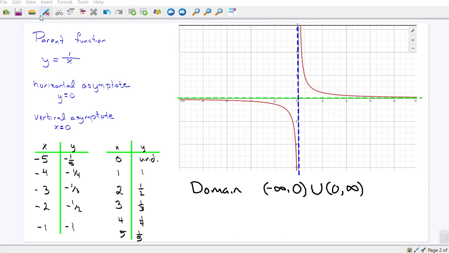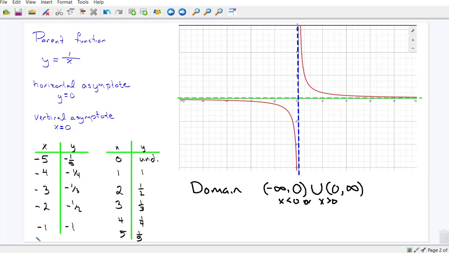Let's see if it'll start working. It's going to be, excuse me, I'm doing domain: x is less than 0 or x is greater than 0. So it's the same idea, but written out in inequality format.